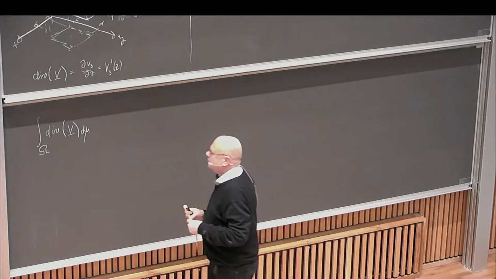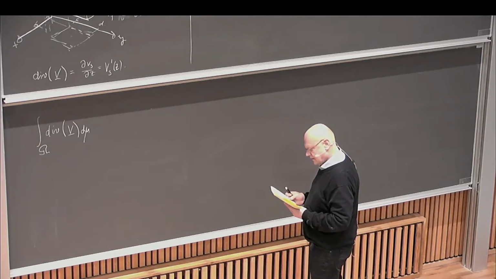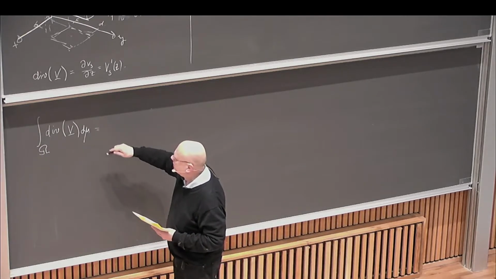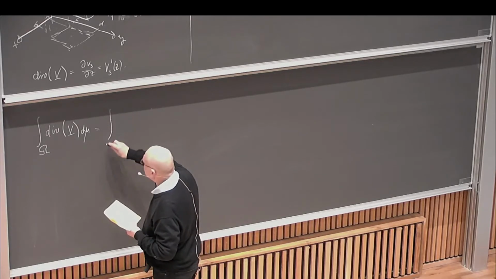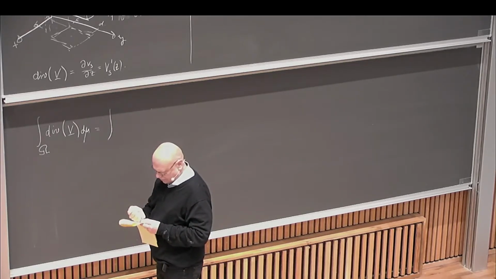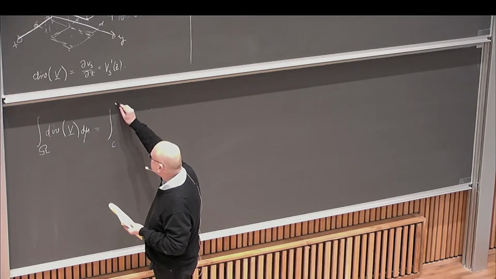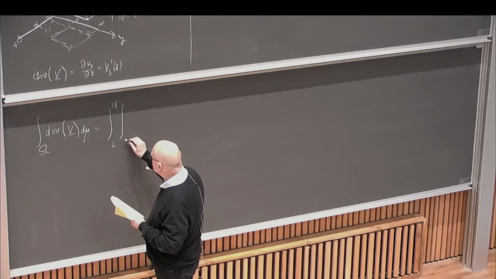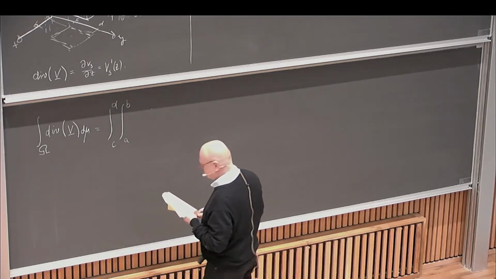This is the left-hand side of the Gaussian theorem. And I can reduce this to a triple integral. For the v parameter, I integrate from c to d, and then I integrate from a to b in the u parameter.